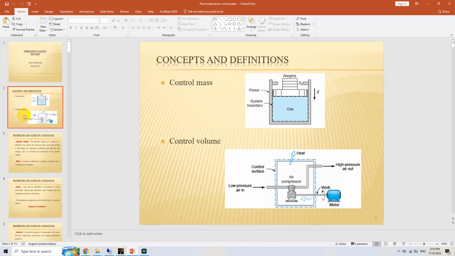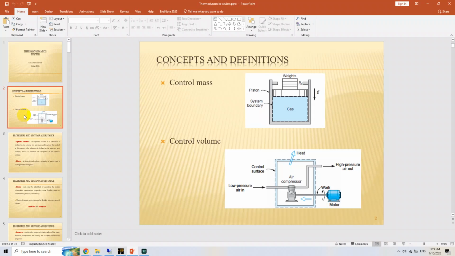study in thermodynamics. The first is control mass and the second is control volume. The difference between control mass and control volume is that in the first, control mass, we have no inlet and outlet of mass.